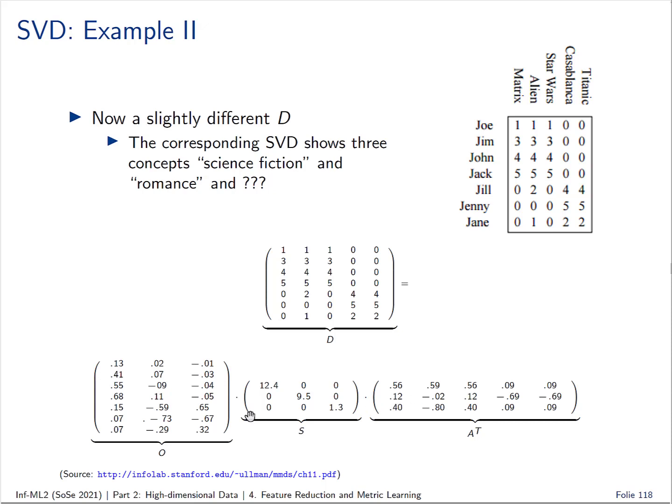In reality you have a lot of extremely small values somewhere instead of zeros. But anyway, what can we do with this information now, because we still want to do dimensionality reduction, we want to do feature selection. So how can we use this information now for feature reduction?